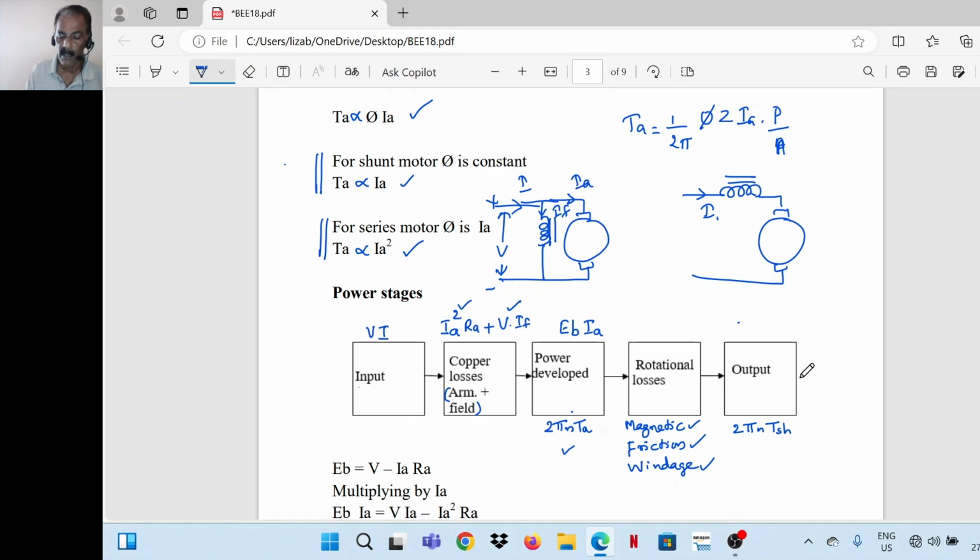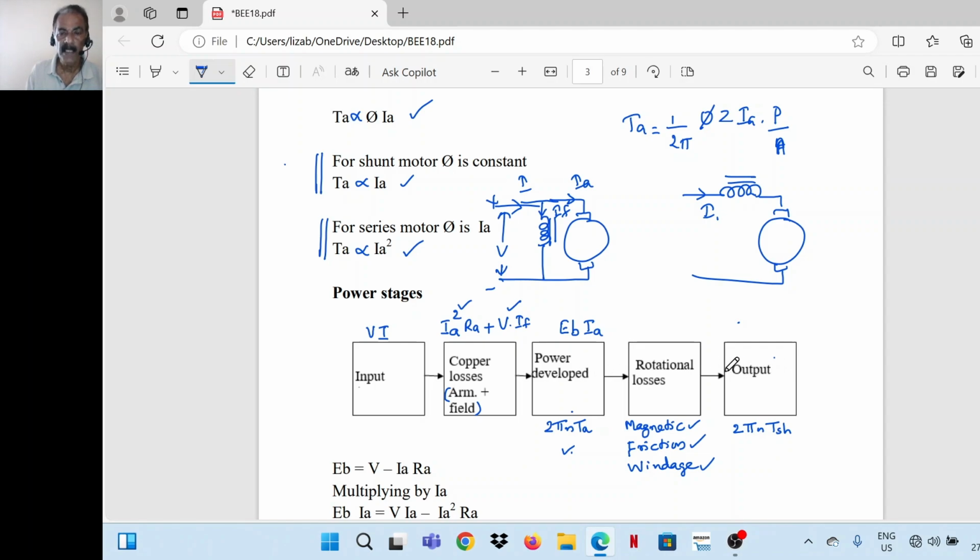So the torque available at the motor shaft can be found out by dividing output with 2 pi n. Power developed divided by 2 pi n is the armature torque. Output divided by 2 pi n is the shaft torque.